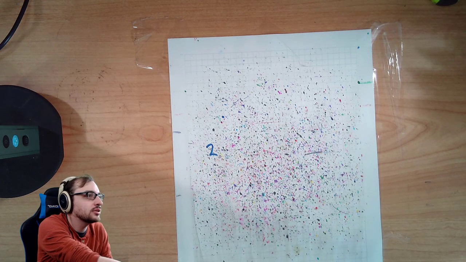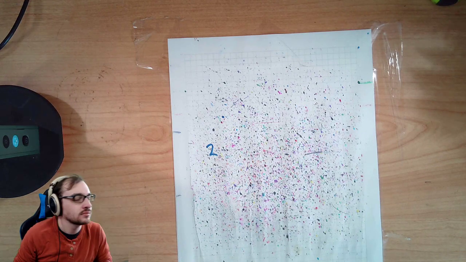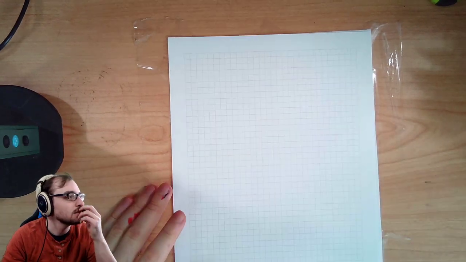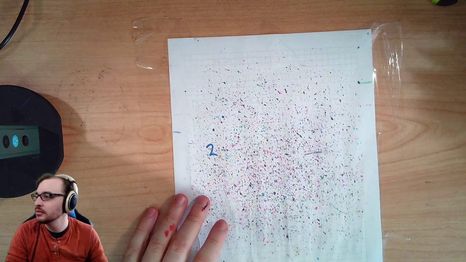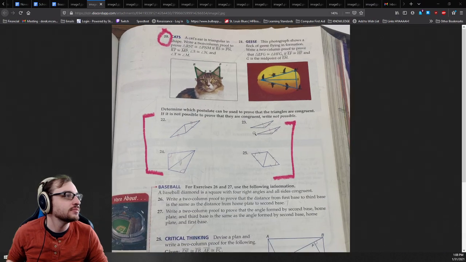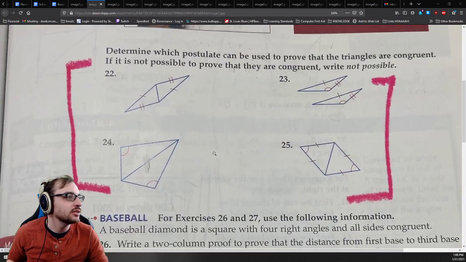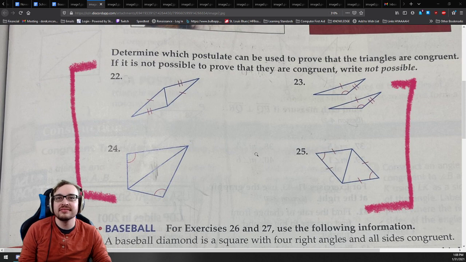So let's look at some harder ones because these are baby mode now. Actually, let's do baby mode real quick without writing it down to save some time. So look at this. These four right here. This is super simple.